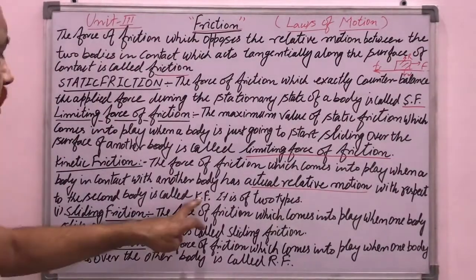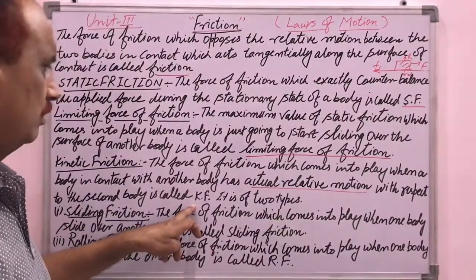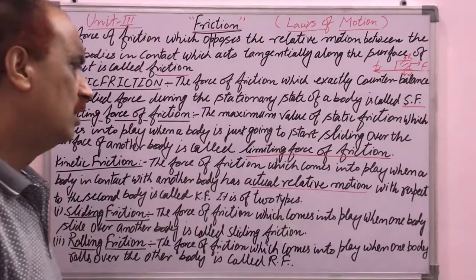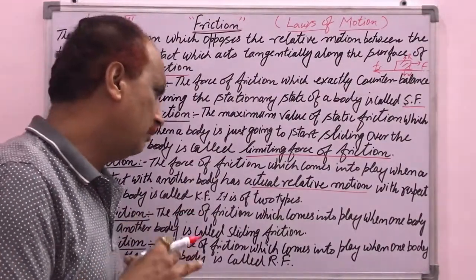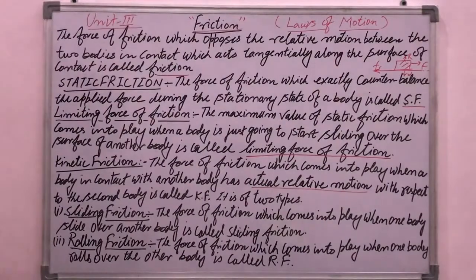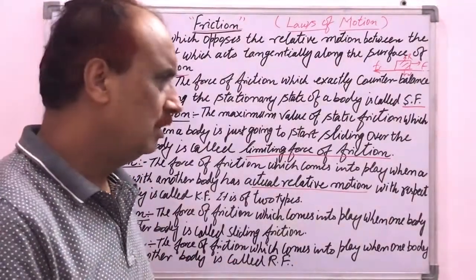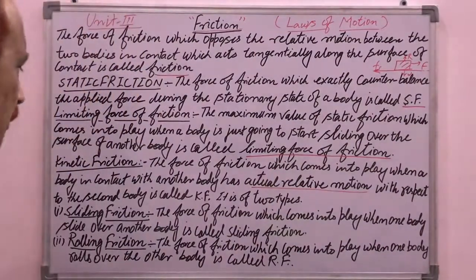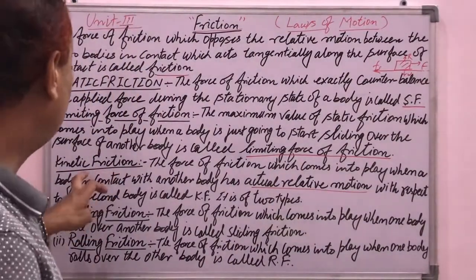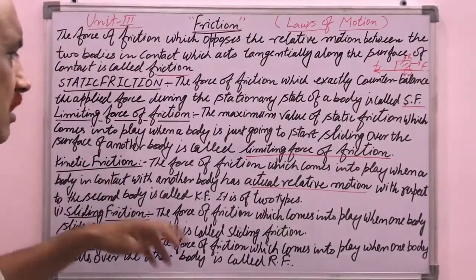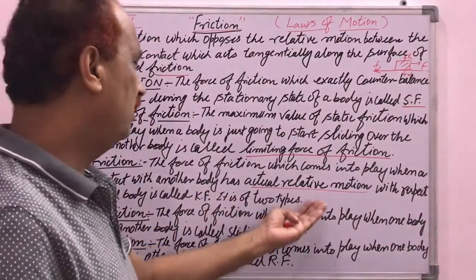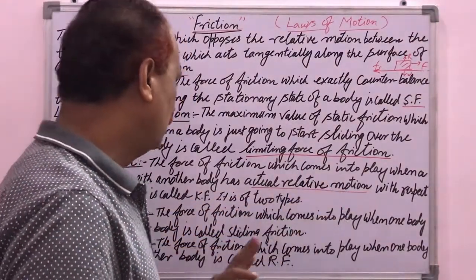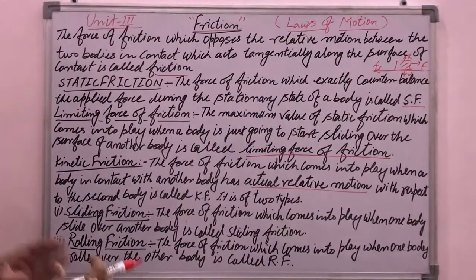In that condition, the body has actual relative motion. When the body is moving on the surface, we can say that kinetic friction is active.